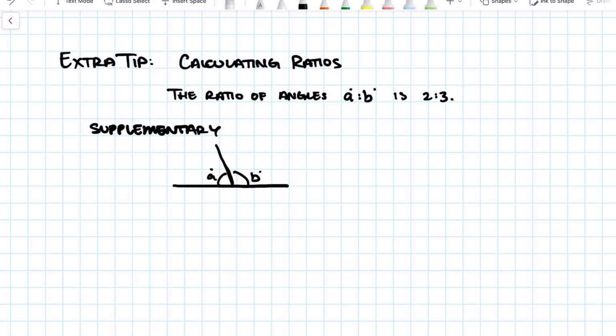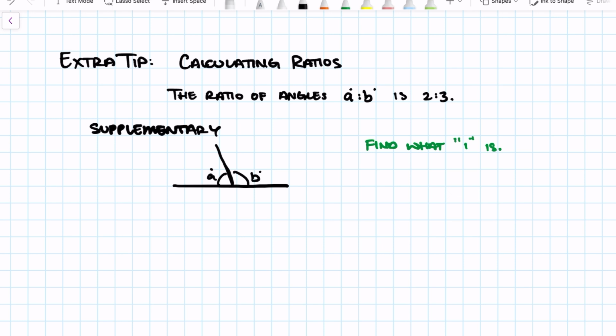The thing is, with any ratio, the important tip is to find what 1 is. All right, that's an important step. You need to find out what 1 is, and then later you could just multiply and find out what the 2 and 3 are.